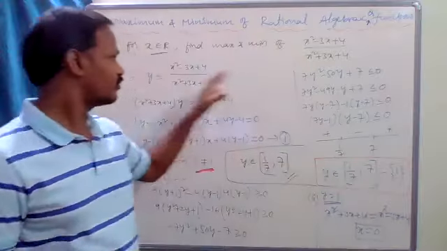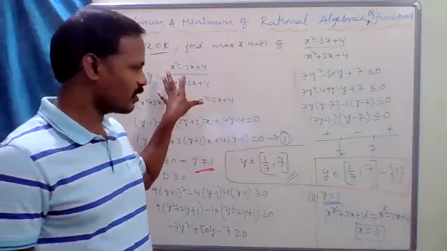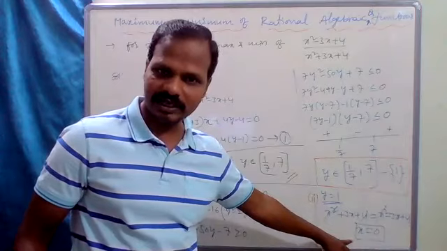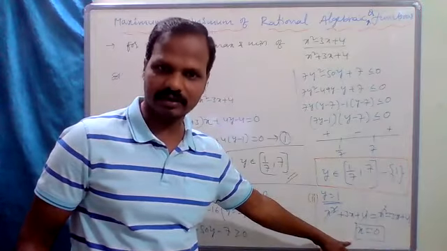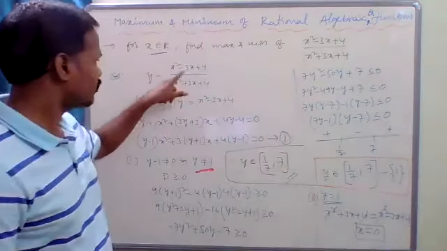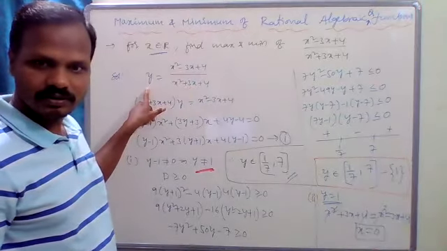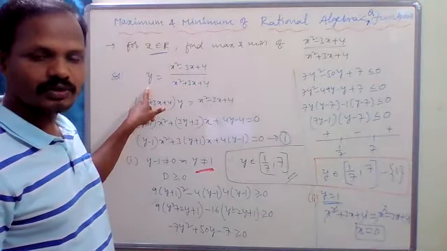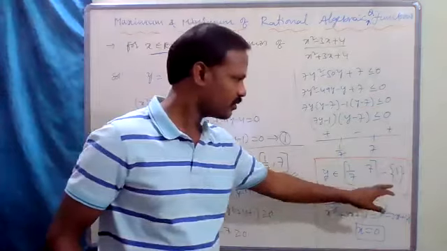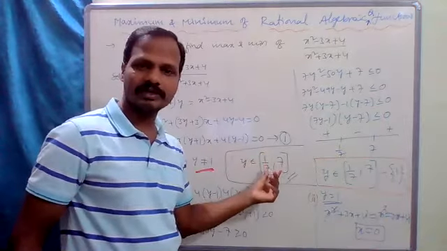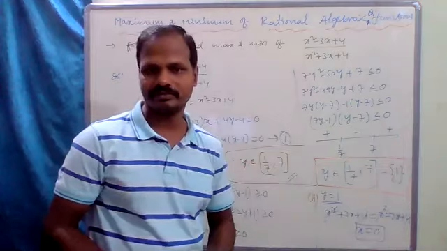If the value of this expression is 1, you get x equal to 0. Is x equal to 0 real or not? Yes, it is real. So if you take x equal to 0 in this expression, you will get y equal to 1. So that is also included in our solution. The final answer is y belongs to the closed interval 1 by 7 comma 7. Is it okay?